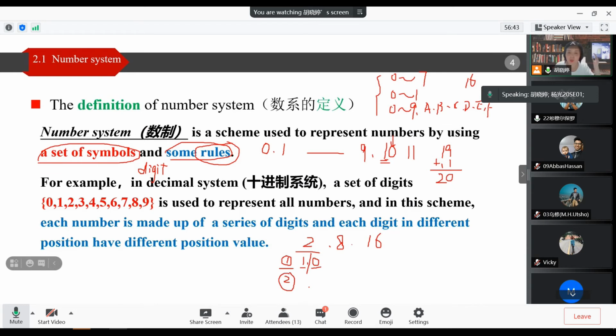So according to these rules, how to represent decimal 3? Binary 1 1. Yes. Great.